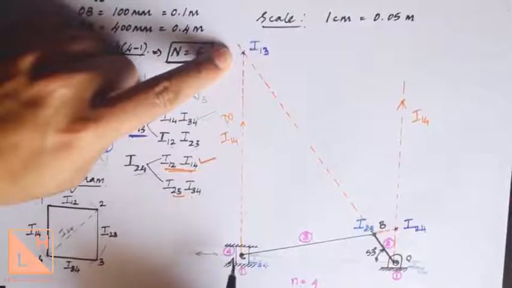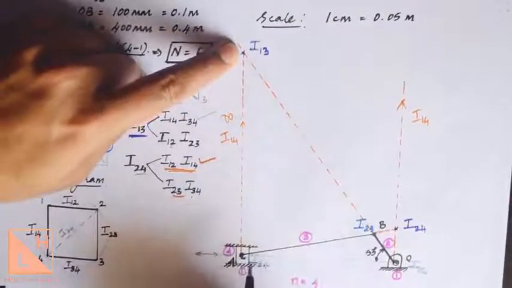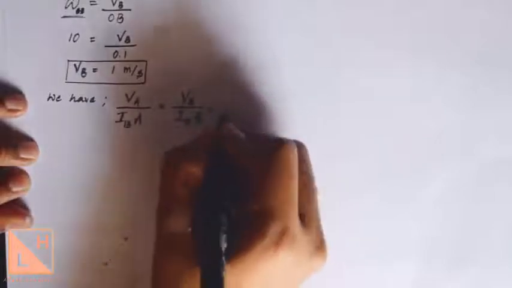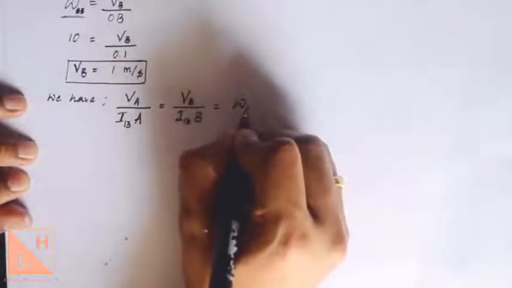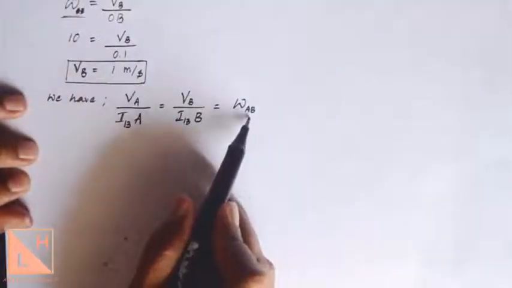So you take the distance of those 2 points till I13. So you are going to have VA divided by I13 to A, that should be equal to VB divided by I13B. This should be equal to the angular velocity of that particular link. So now I am considering connecting rod AB, so I am going to write it as omega AB.